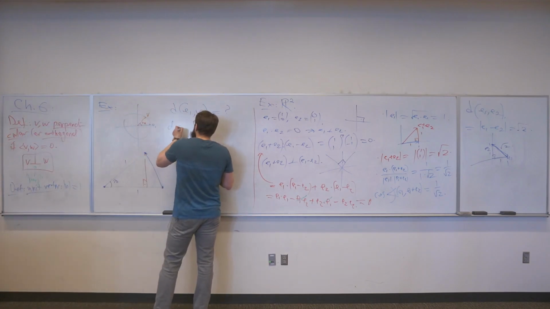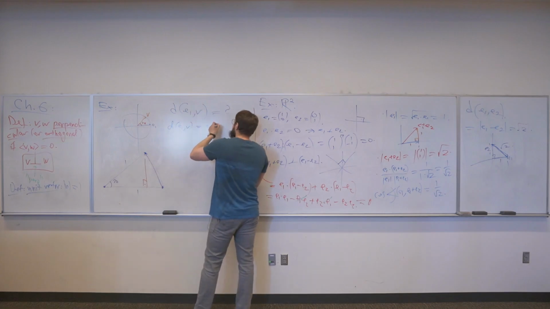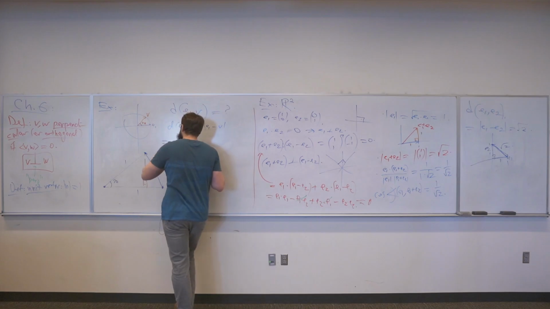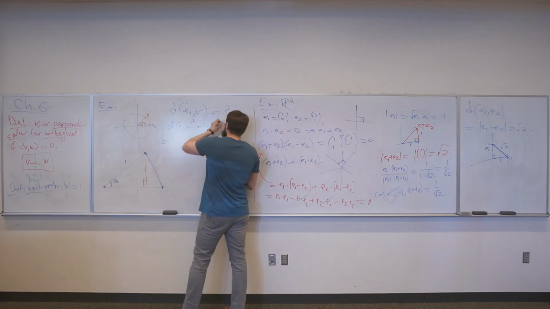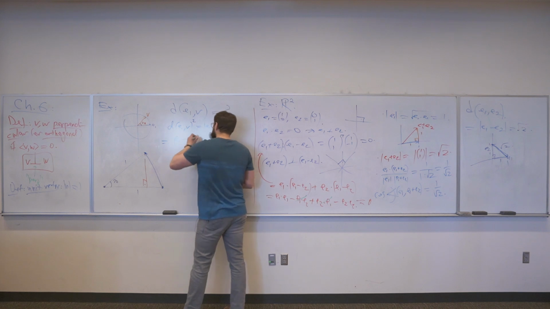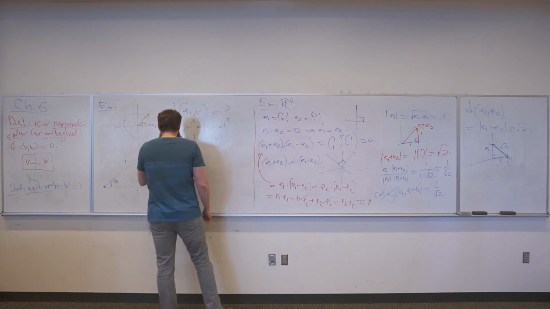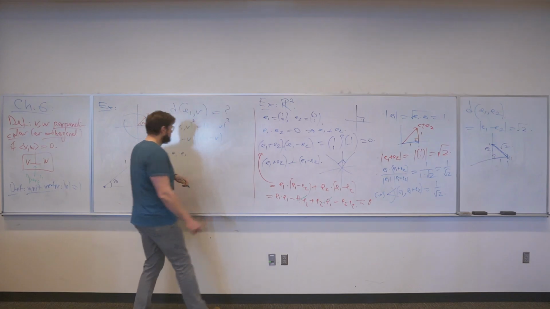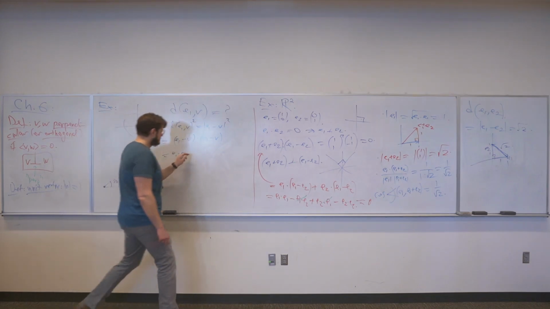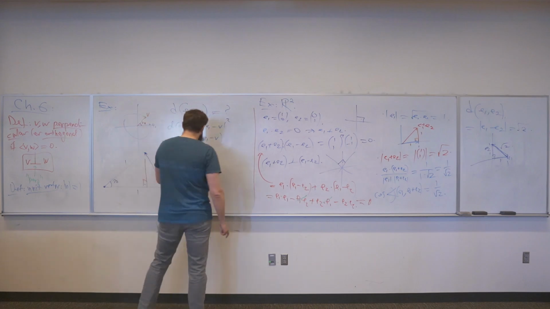So the distance d(E1, V) by definition is the norm of E1 minus V. This is the same thing as, well, I'm going to take the squares first. It's easier. E1 minus V dot E1 minus V. This is E1 dot E1 minus this by this, this by this.